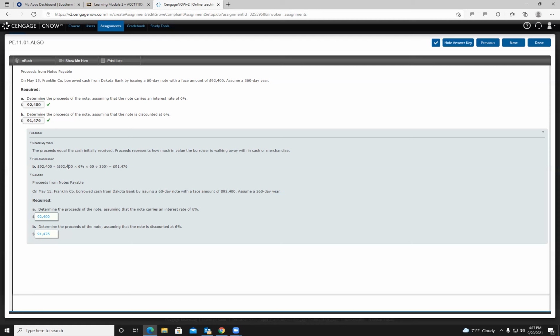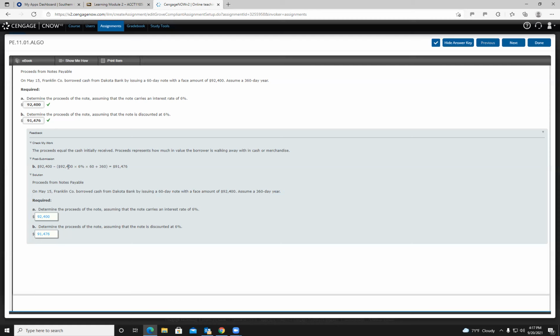Since it's a discount note, you subtract that out. In a discount note, remember, they take the interest out at the beginning, and the proceeds you get are the face value minus that interest amount. That's our quote-unquote discount. So that is how they came up with answer B.